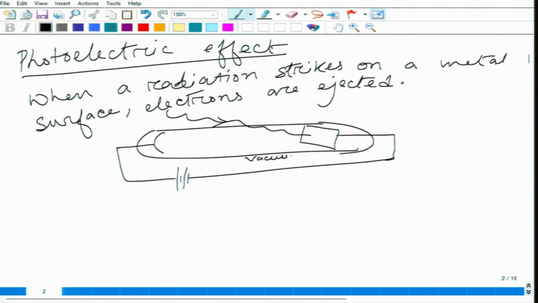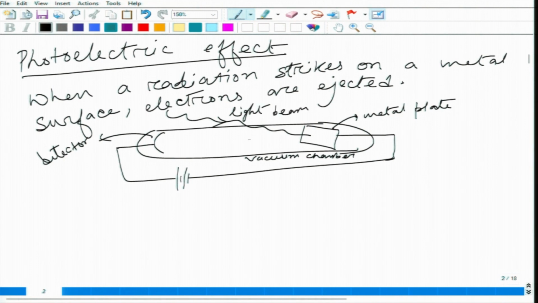So, this is the vacuum chamber, this is the metal plate, and this is the detector. Okay, so when the light beam was incident on the metal plate, electrons were ejected from it and it was detected with the help of this detector.